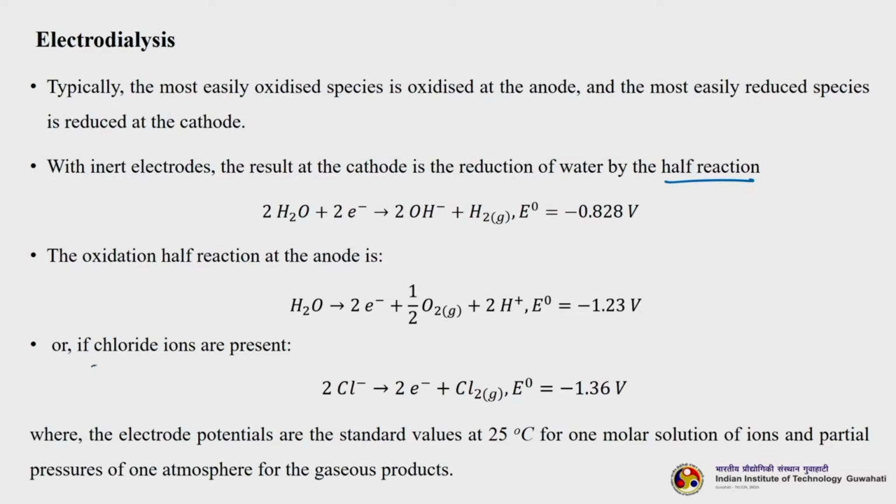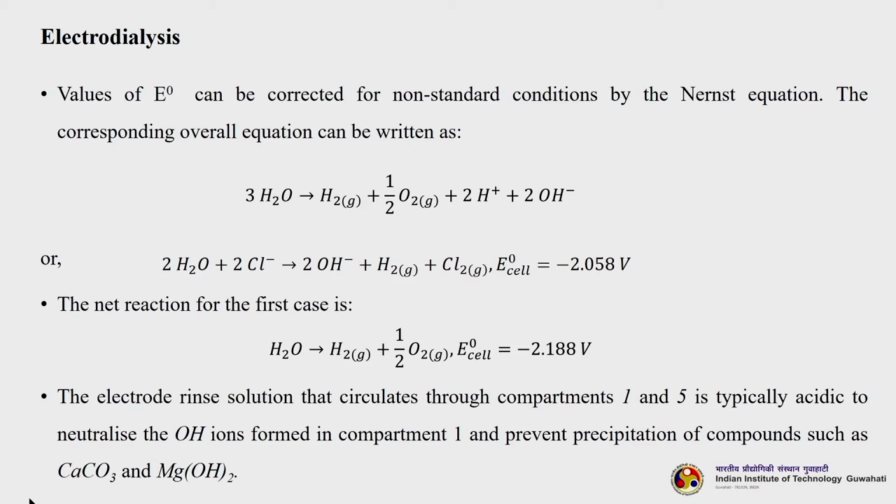If chloride ions are present, and this is important, again most of the time chloride ions are present, then 2Cl- gives 2e- plus Cl2 in the form of gas, where the electrode potentials are standard values at 25 degrees centigrade for 1 molar solution of ions and partial pressures of 1 atmosphere for the gaseous product. So, the value of E can be corrected for non-standard conditions by the Nernst equation.